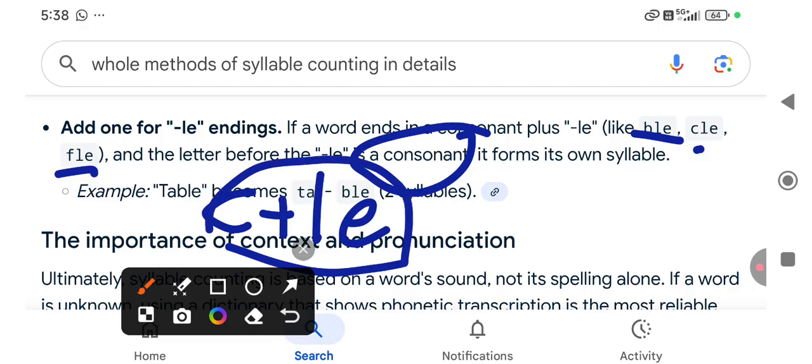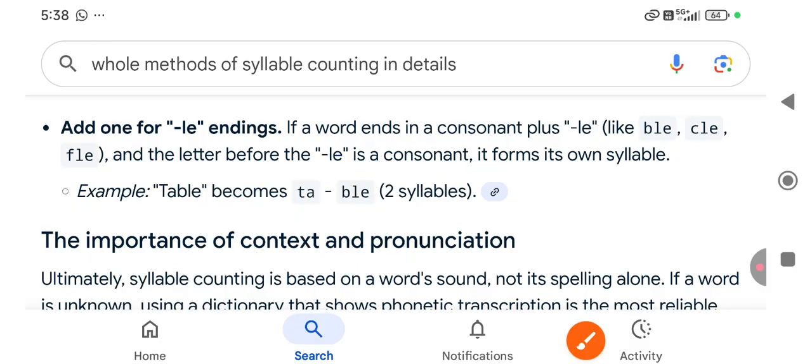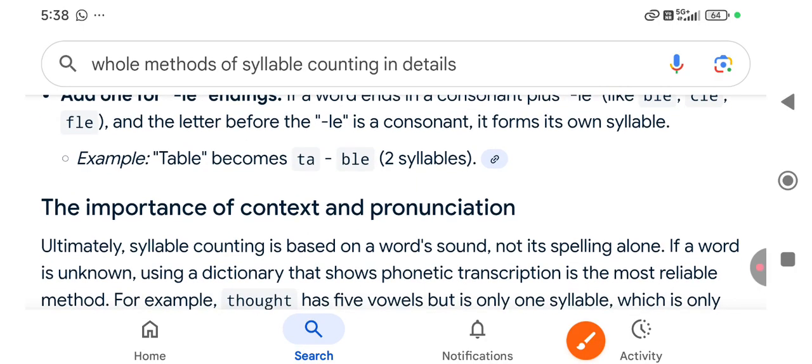These words with consonant plus le at the end form their own syllable.